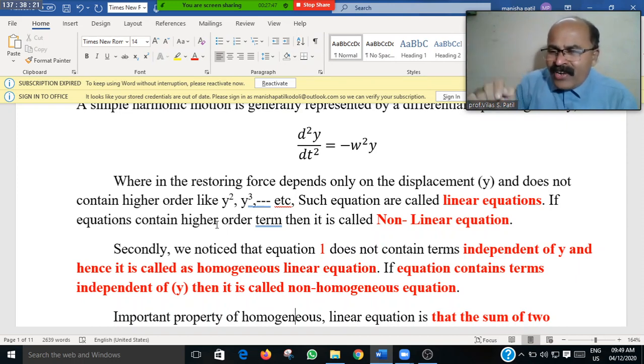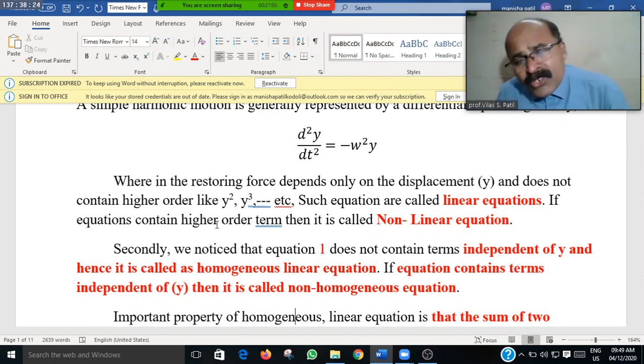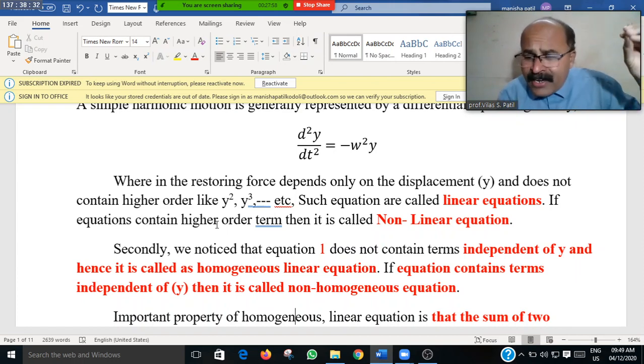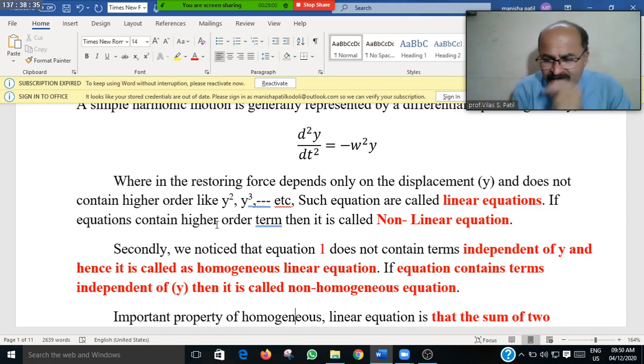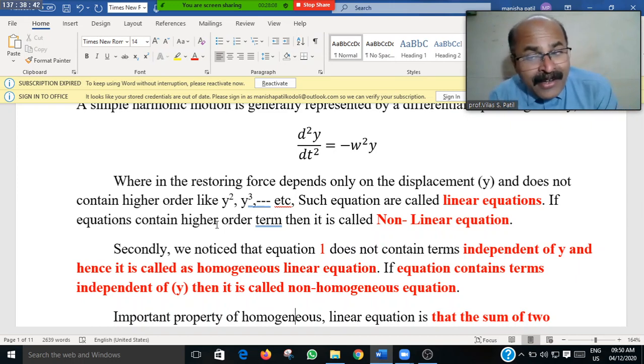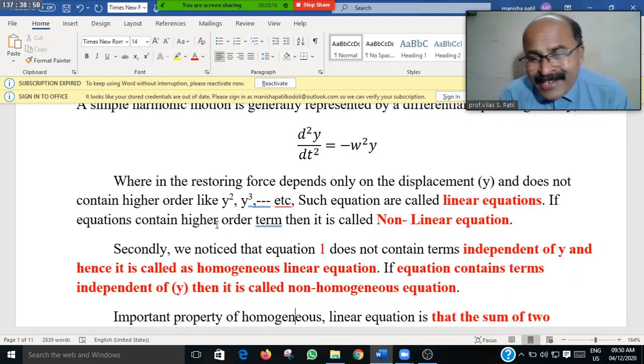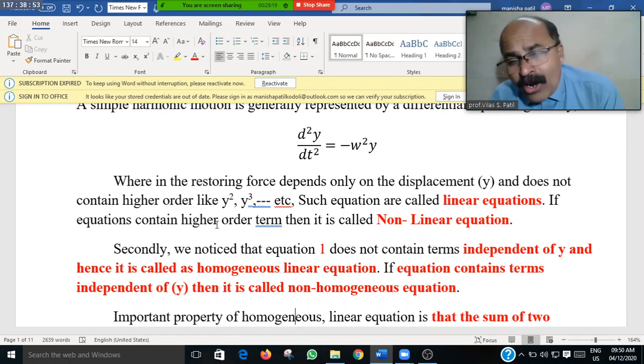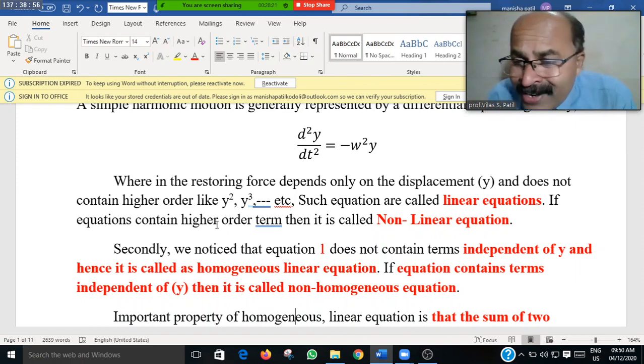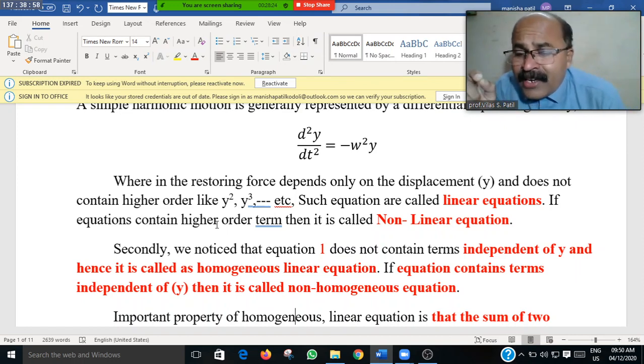It does not contain y square, y raised to cube, y raised to 4, and so on. If there are n orders, it does not contain them in the case of a homogeneous linear equation, and such an equation is known as a linear equation. For a differential equation, the equation which does not contain higher order of the displacement is known as linear. If it contains higher order of the displacement, then it is known as non-linear.